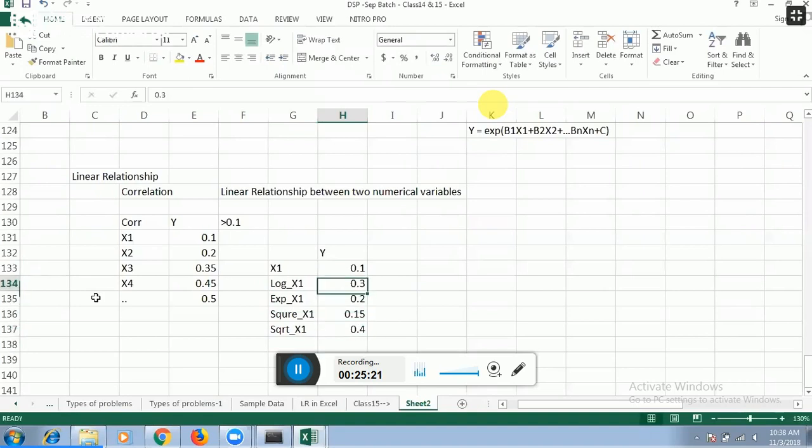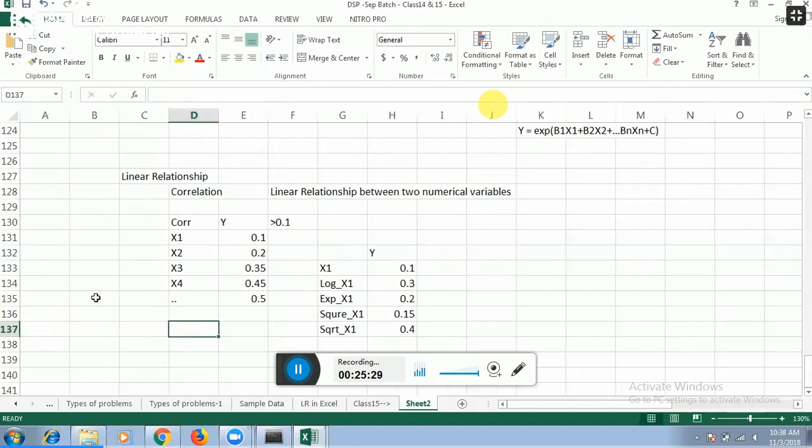Which one has the high correlation with your y? Square root of x1. So instead of using x1, if I use square root of x1, that will give the strongest linear relationship. That's how you also apply transformations on x variables, such that the transformation gives the highest correlation with your y.